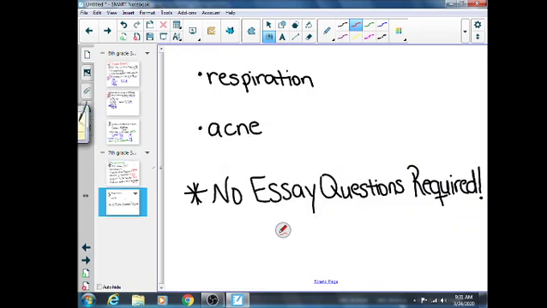Next, you also need to know about respiration, but you need to know a couple of different things about it. One, make sure you can define it. Make sure you know the definition and what occurs during respiration. And next, you need to know what the two types of respiration are and be able to describe those two types.